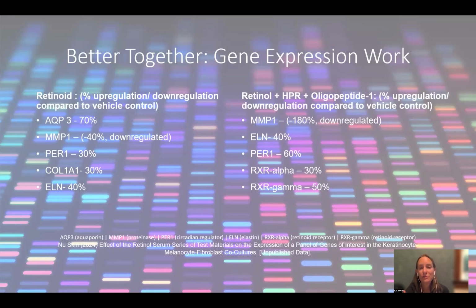So this was really interesting. And like I said, this is work that we did at Nu Skin. Our researchers did it, and it illustrates the additional benefits that you get when you put these ingredients in combination versus just using a standard retinoid by itself.